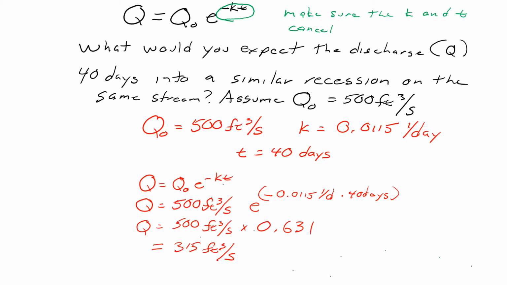In other words, they have to be days, 1 over days, or hours, 1 over hours. They just need to be units that cancel out. In this case, our K is in 1 over days. Our time is in days. So they're going to cancel out. That's great.